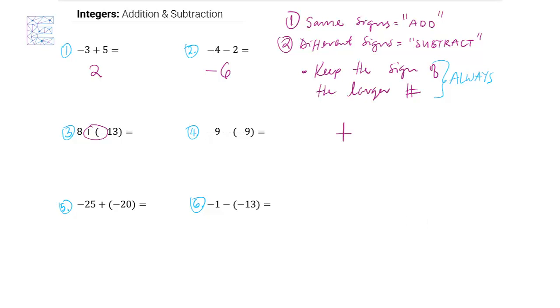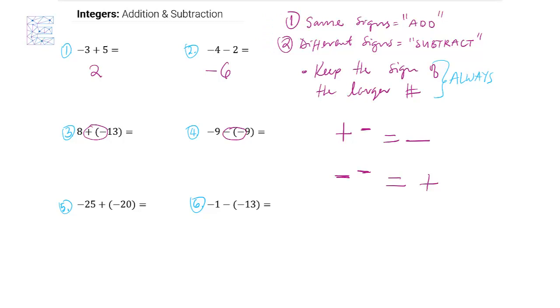If you see a positive sign adjacent to a negative, you can simply rewrite it using a minus. If you see a negative sign on question 4, for instance, right next to a negative, so a negative adjacent to a negative, we can simply change that sign to a plus. So before we can even check if the signs are the same or if they're different, we first of all have to clean it up.